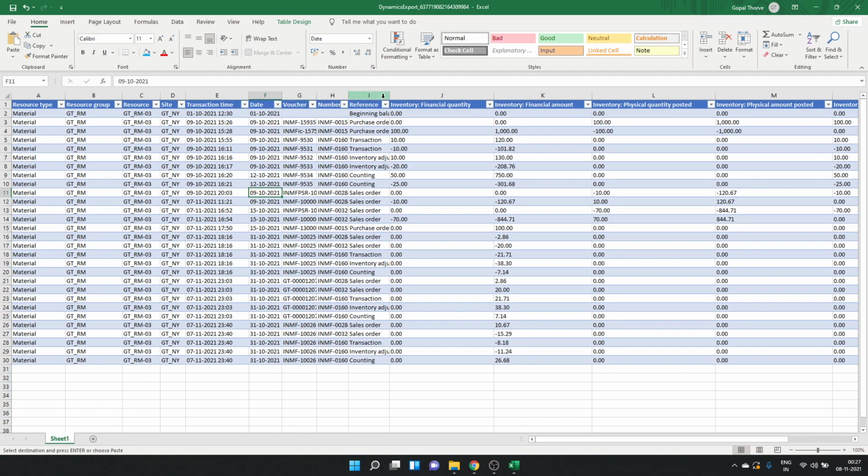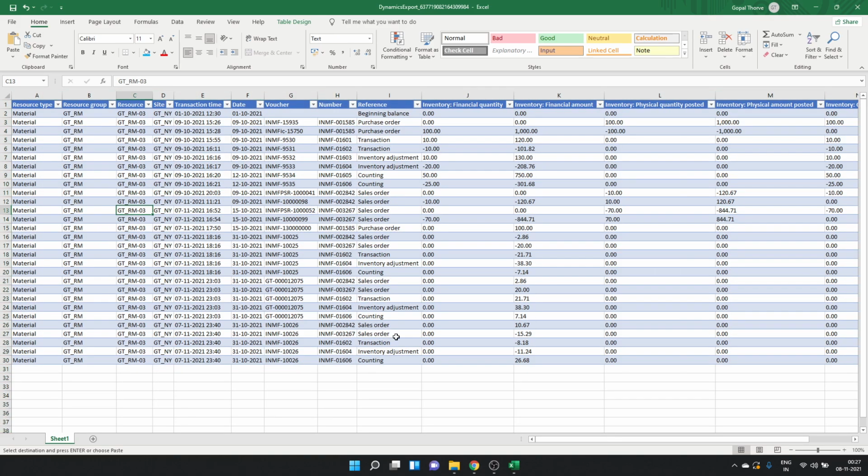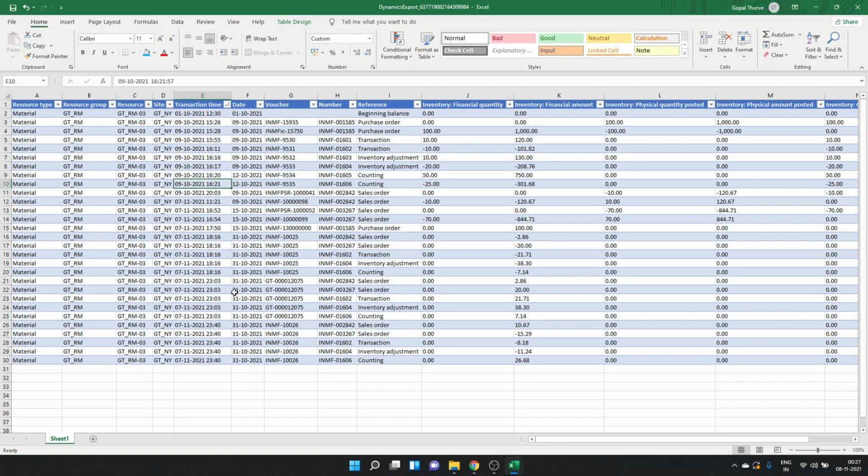Remove the transactions which we posted earlier. Okay, so if I sort by this transaction timestamp, okay, then everything which I have posted right now.